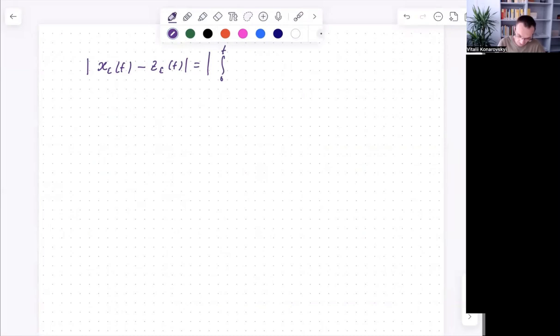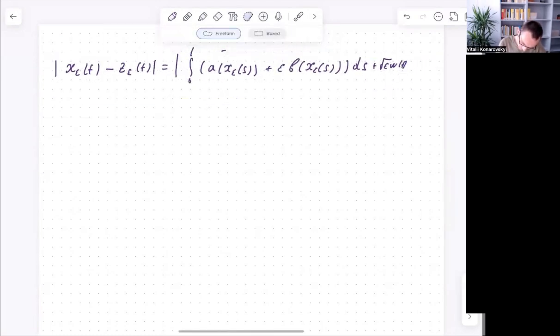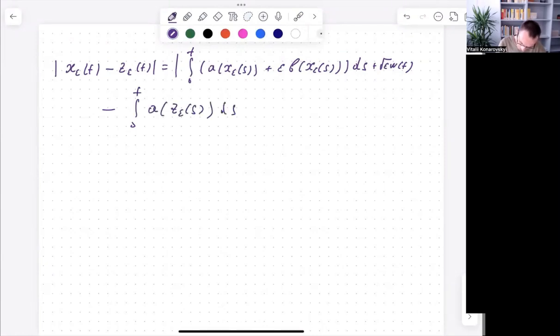For X, you have the integral of a of X^epsilon_s ds plus epsilon b of X^epsilon_s ds, then the Brownian motion square root epsilon W_t, and then minus the integral from 0 to t of a of Z^epsilon_s ds minus square root epsilon W_t.